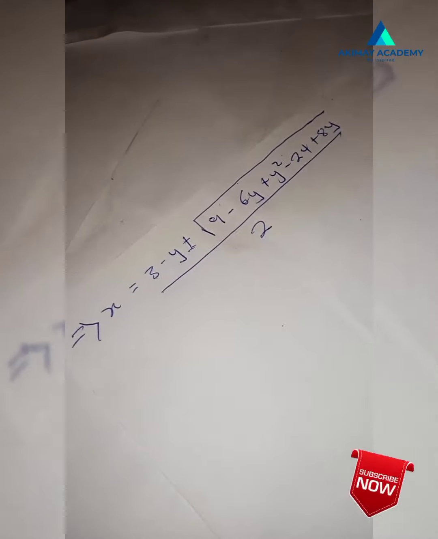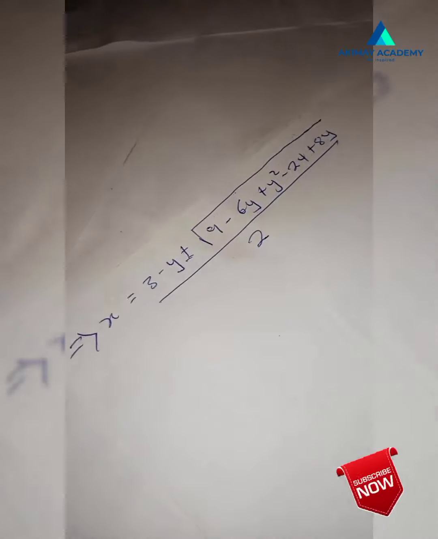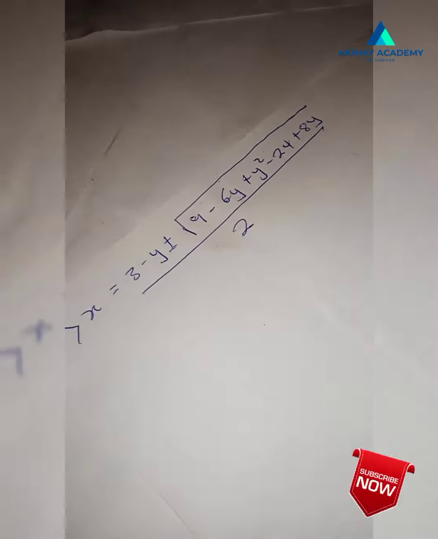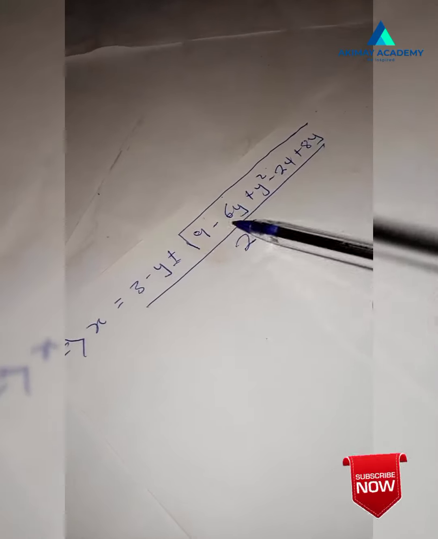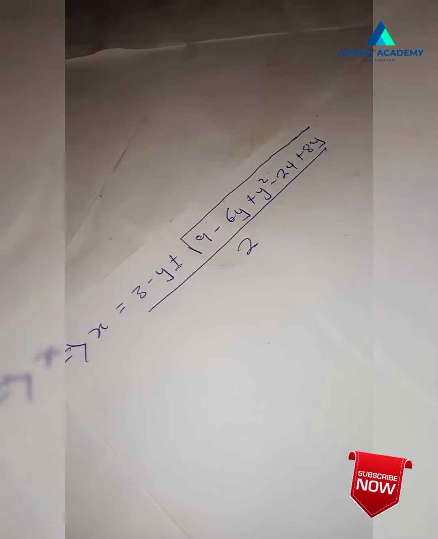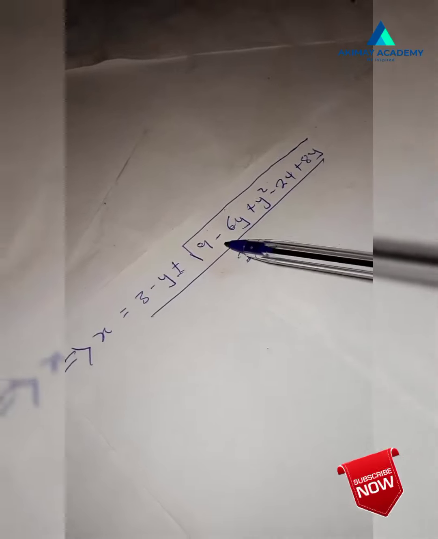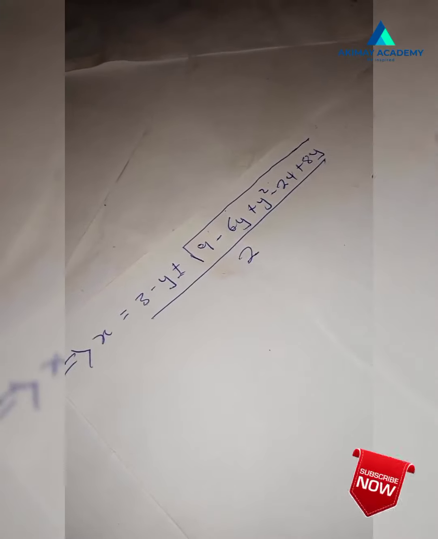So at this point, we are looking for values of y for which x will be undefined. We have others who normally use values for which x will be defined, so there are two ways you can use it. But we are using the first method, which is the values of y for which x will be undefined. In this case, we know the negative numbers are undefined under the radical sign.